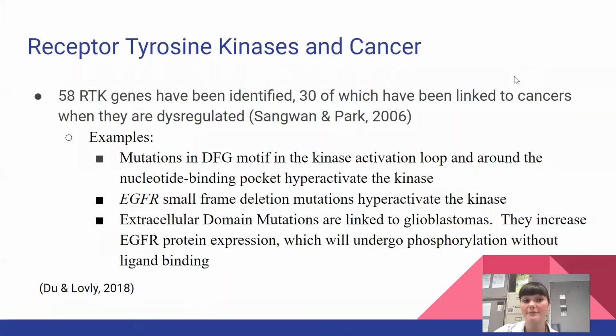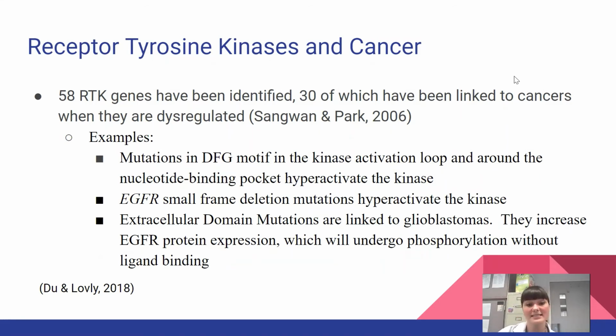So far, 58 RTK genes have been identified, and 30 of those have been linked to specific cancers when they are dysregulated. Specific examples of mutations that can cause that dysregulation would be mutations in the DFG motif and the kinase activation loop, EGFR small frame deletion mutations that might hyperactivate that kinase, and extracellular domain mutations specifically linked to glioblastomas.